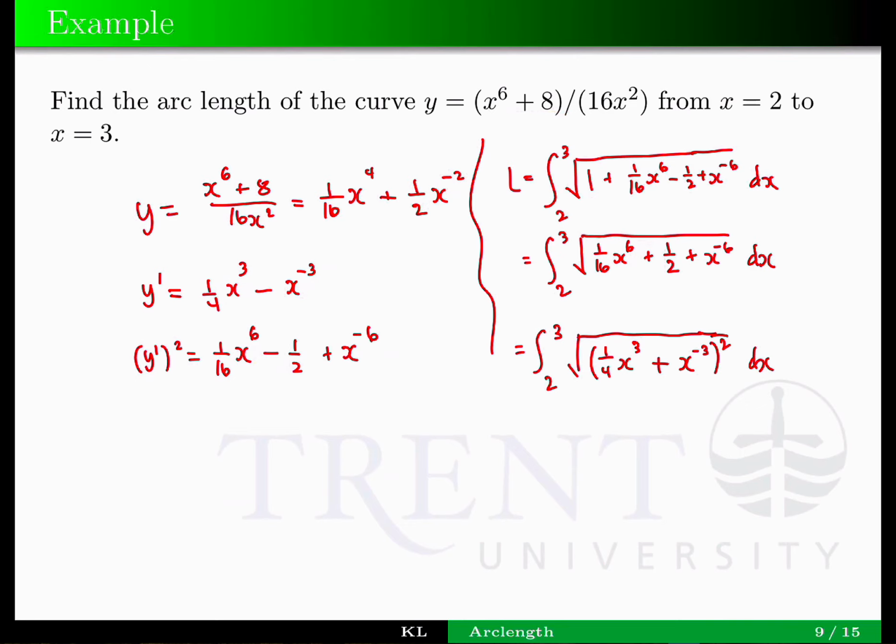Okay, so this expression here is equal to this expression here with that squared thing. If you don't believe, then try to expand this and you will end up with this expression.